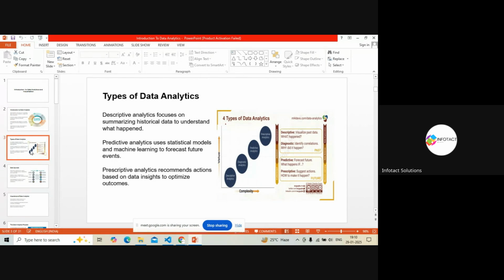Some of the techniques to perform descriptive analytics are data aggregation, data visualization, statistical measure. Data aggregation we are using for the common examples like summing, averaging, and some data visualization techniques like charts, graphs, dashboards, etc.